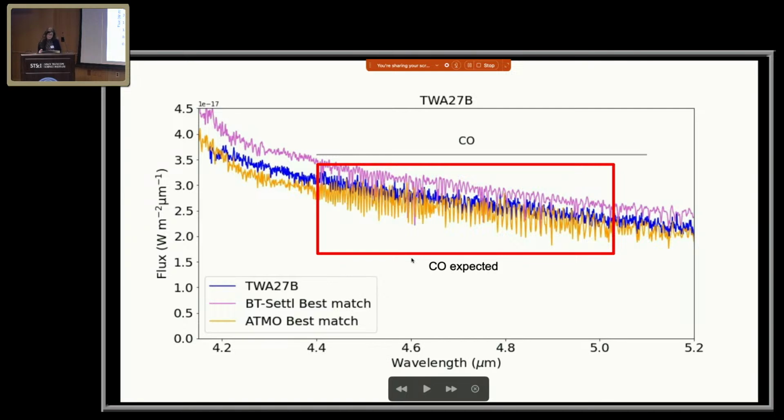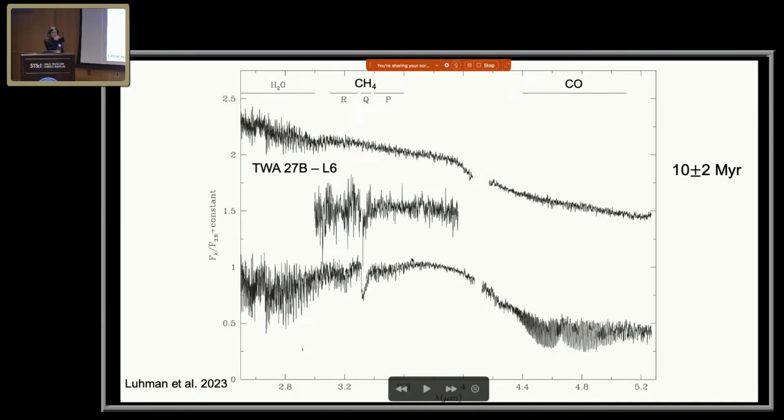And what is even more interesting, because you could say, oh, both models are wrong, right? But if you actually compare to other spectra of similar spectral type, but older, so at the top we have TWA 27b, in the middle we have PSO 318, which is 27 million years old, and at the bottom we have VHS 1256b, which is 140 million years old.